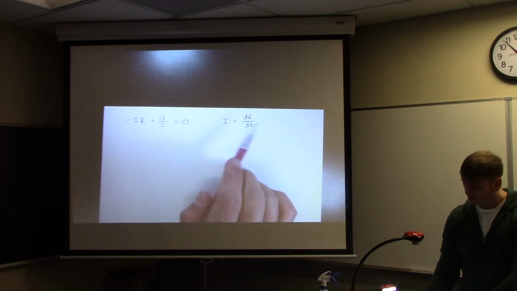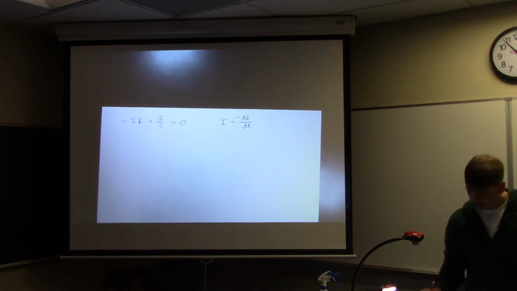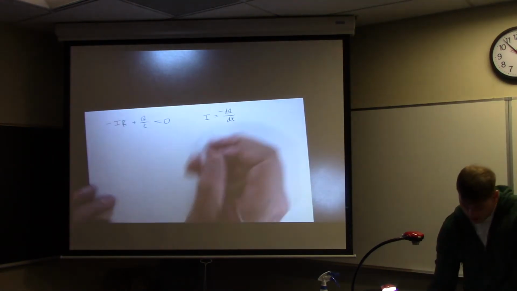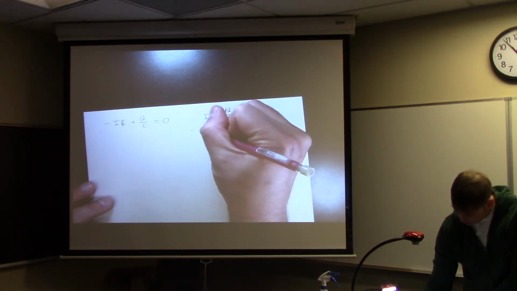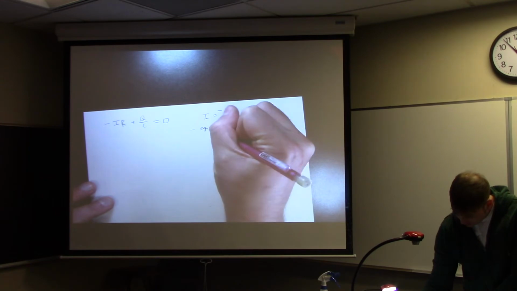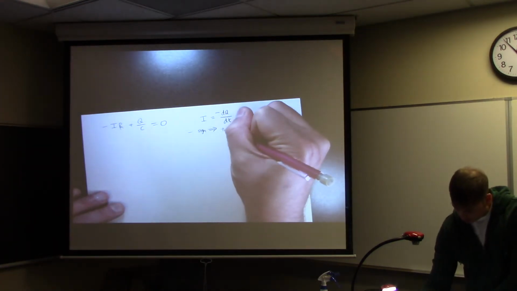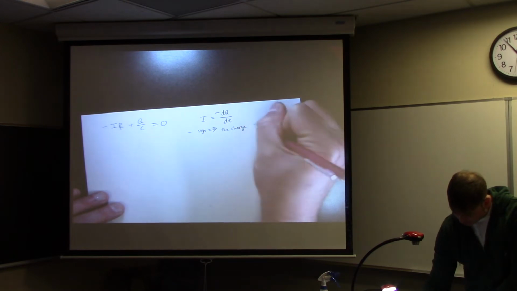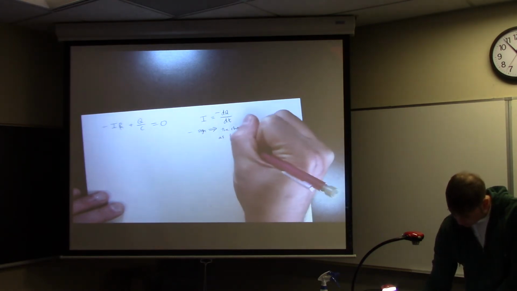But in this case, there's a negative sign. Why is that negative sign there? The negative sign is there because the charge decreases as the current flows.